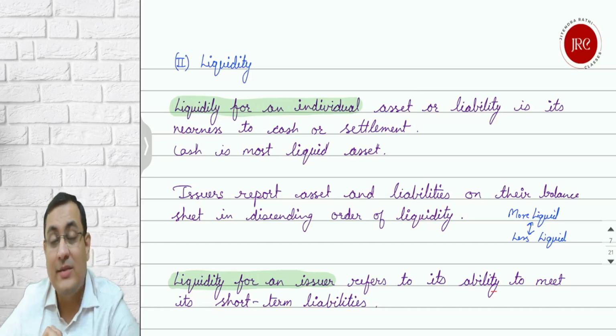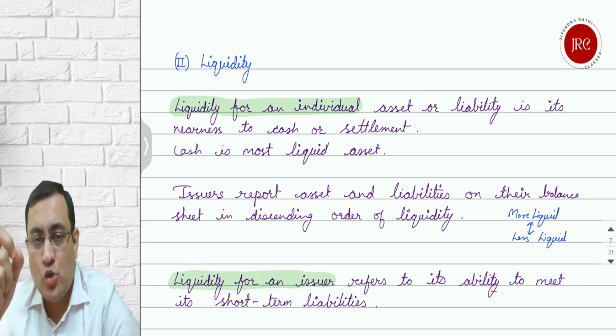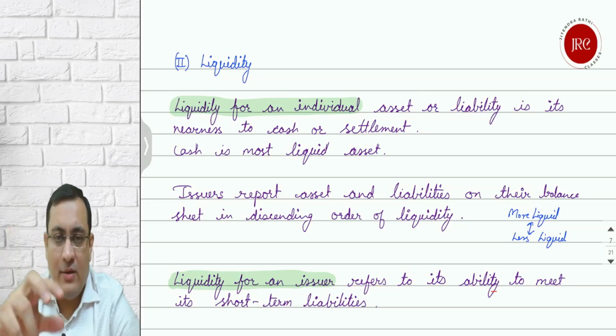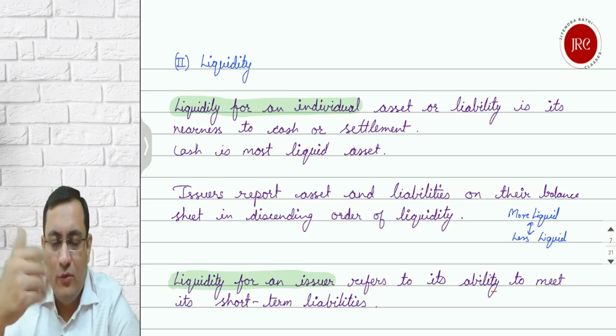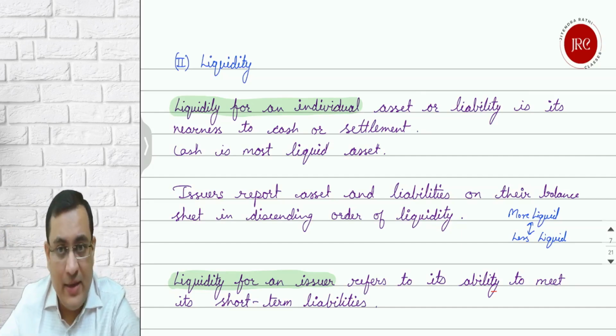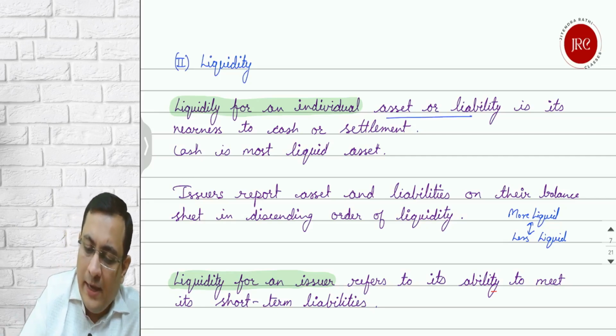Now the second way of defining liquidity is liquidity from an issuer's point of view. Whether the issuer is having liquidity or not. What do we mean by that? From an asset-liability point of view, it is the nearness to cash or settlement.